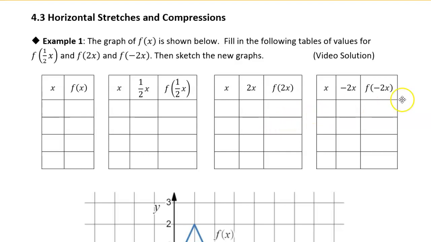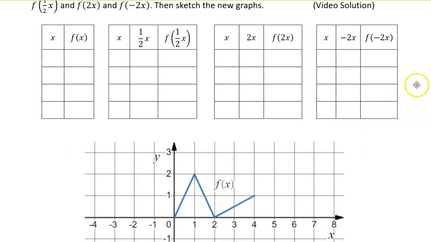All right, so I'm going to scroll down because we need to see the graph to see the points. The first thing I'm going to do is fill out this table for x versus f of x. I'm going to take some points from the graph. I can see that 0, 0 is on the graph, so when x is 0, f of x is 0.